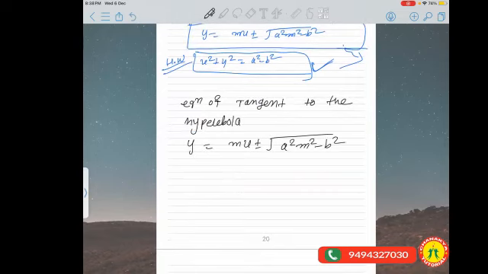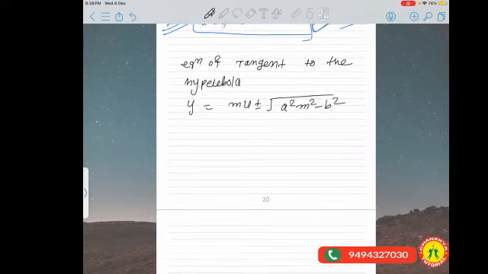This is the equation of tangent to the hyperbola. Got it? See the diagram.